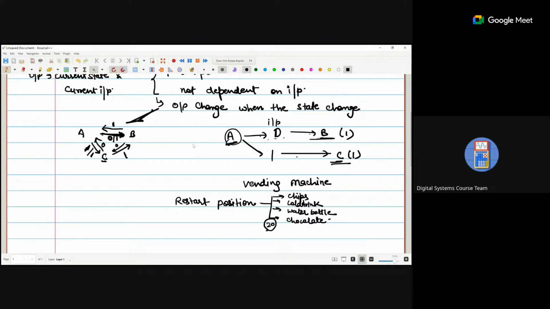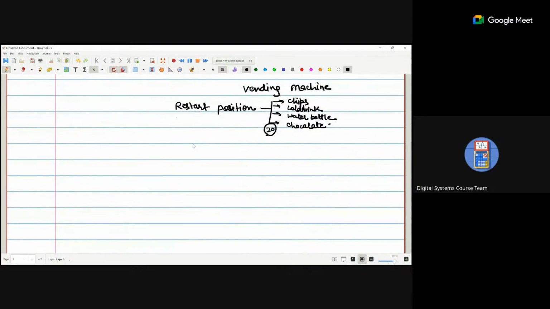Now in the case of the Moore machine, we have 3 positions A, B, C. The output is not dependent on the input, so in the Moore machine we mention the output along with the state.